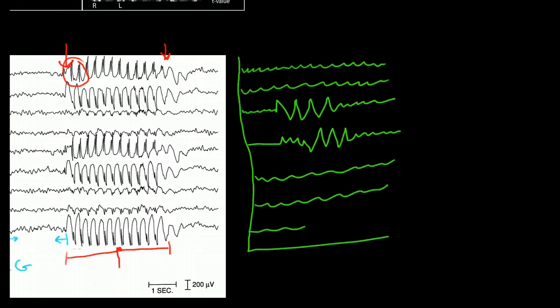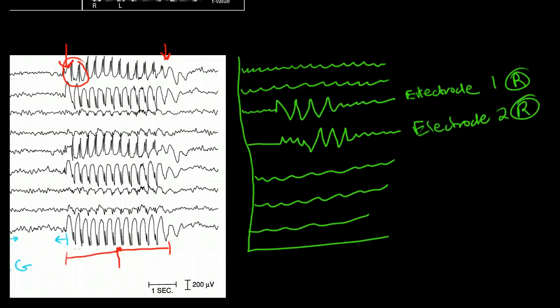Now this would be a partial seizure if both of these EEG electrodes are on the same side of the head. So both of these are on the right. Okay, so that would be what an EEG might look like for a partial seizure.